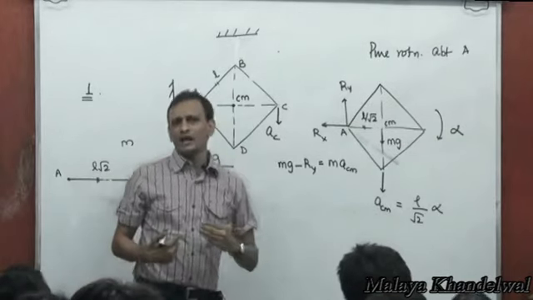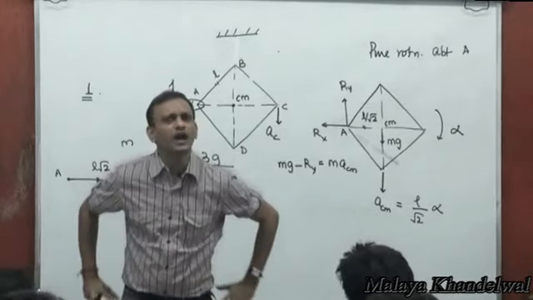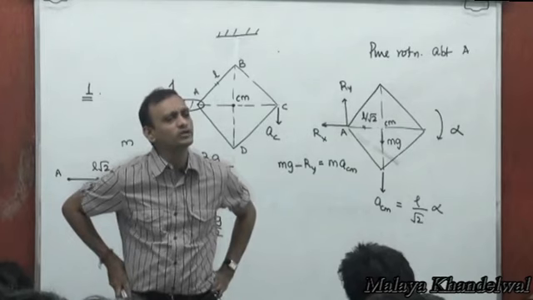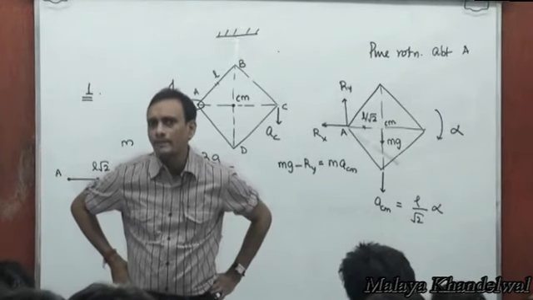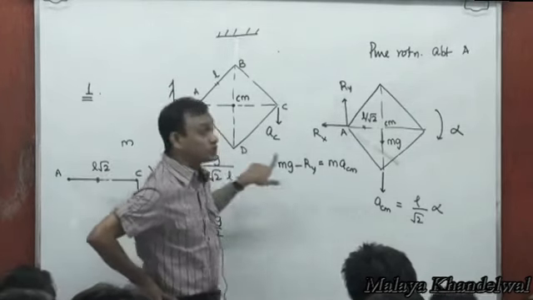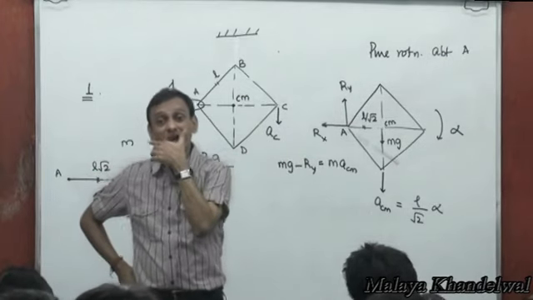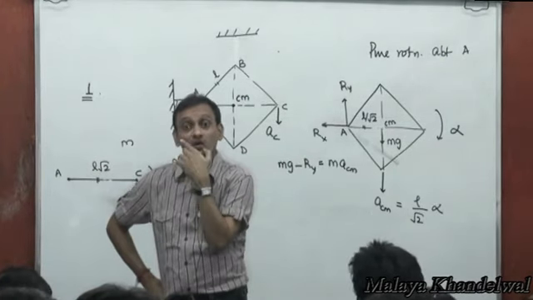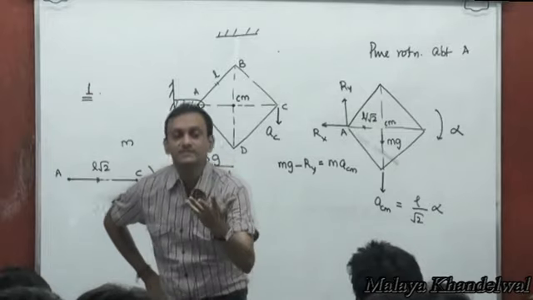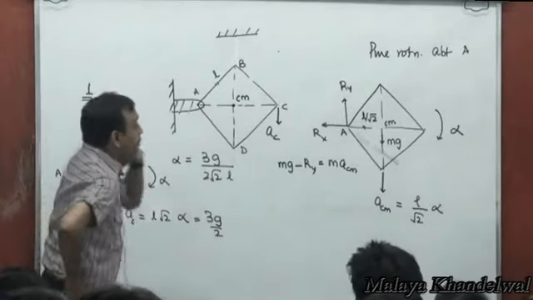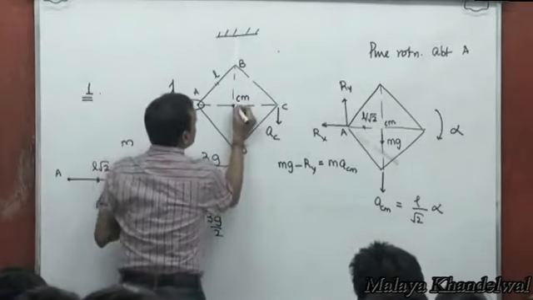But why should there be an Rx? Can anyone explain to me why should there be an Rx? Ry is because there is an ACM downwards. What about Rx? Now that's exactly what I realize, that it starts from rest.